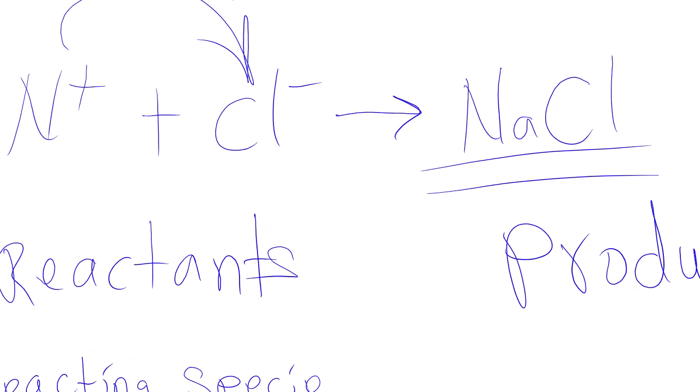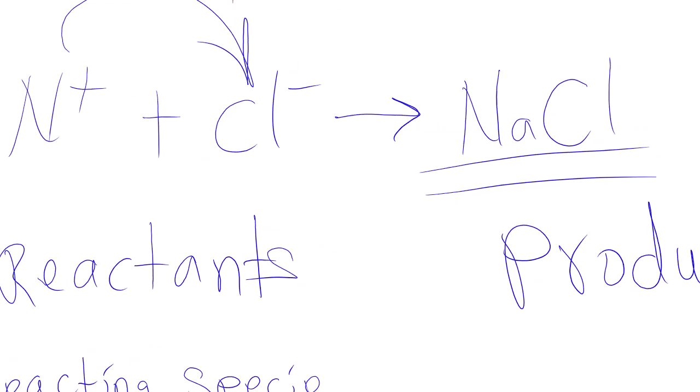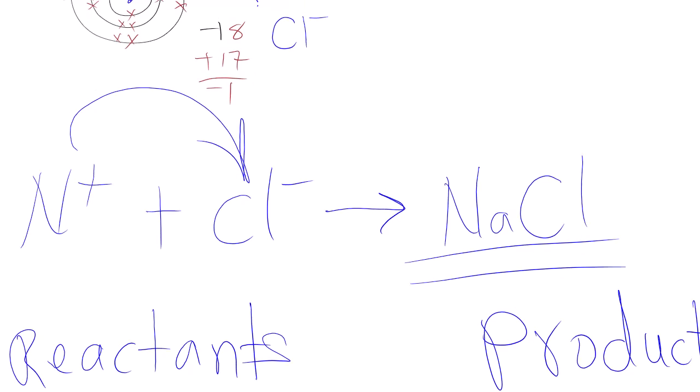This type of reaction is called an ionic reaction, or ionic bond. Why is it ionic? Because the reactant species have become ions that make them react. This is called an ionic bond.